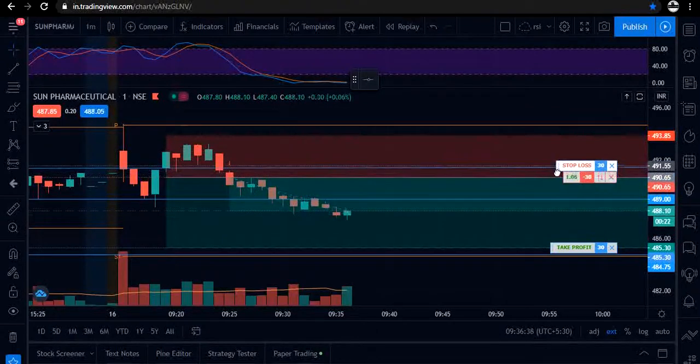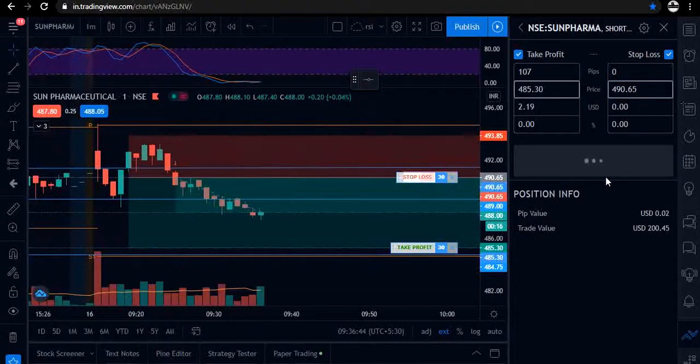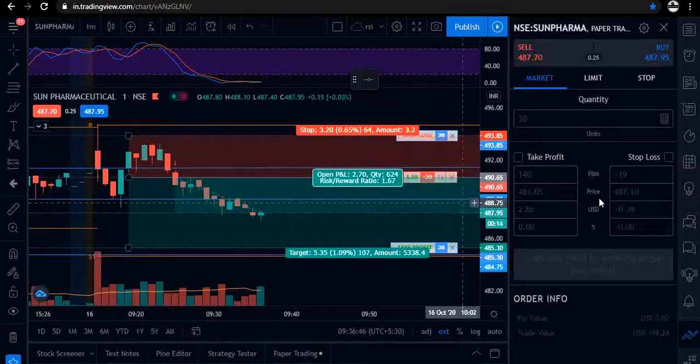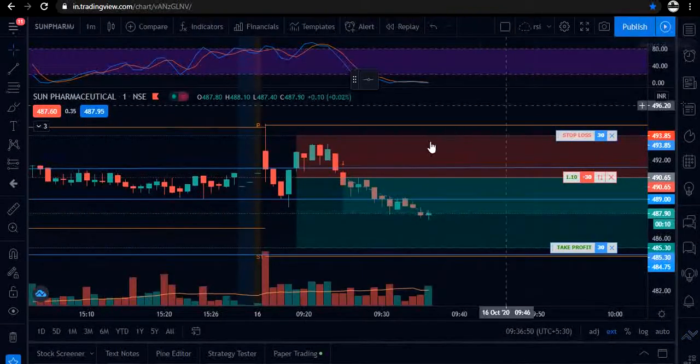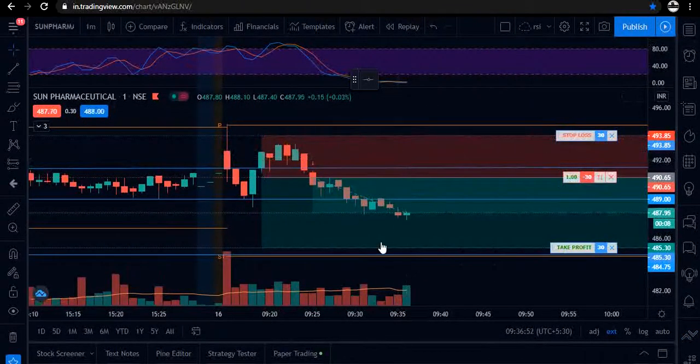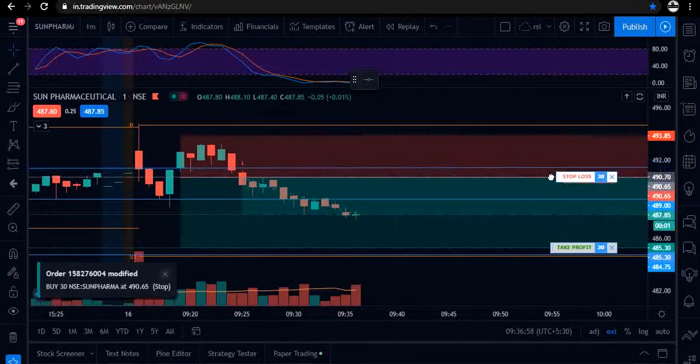So we are trailing the stop loss to our cost price. Let us modify it, and now it has been sent. It is not modified yet. Let us try it again. Okay, it is modified.